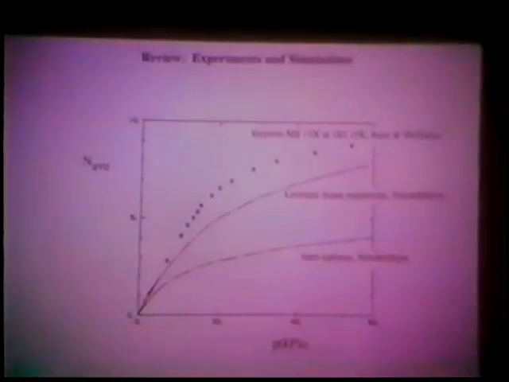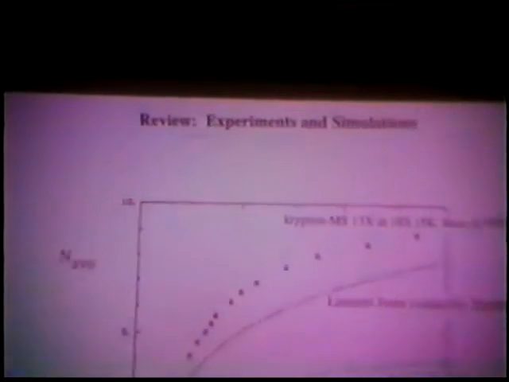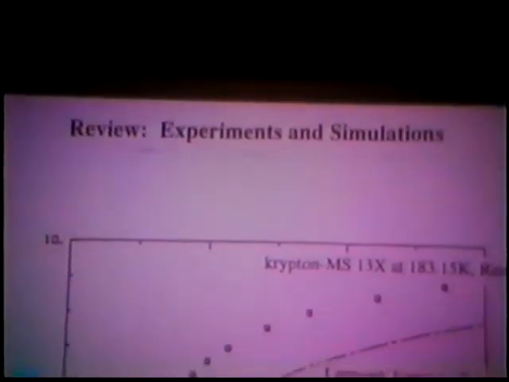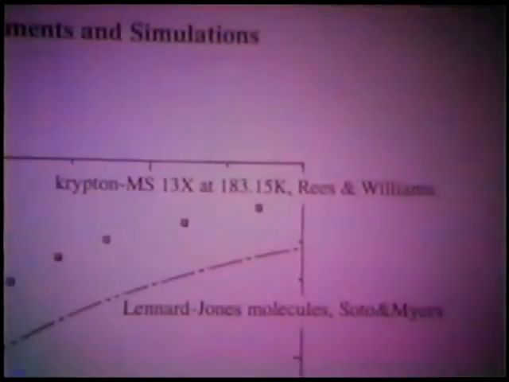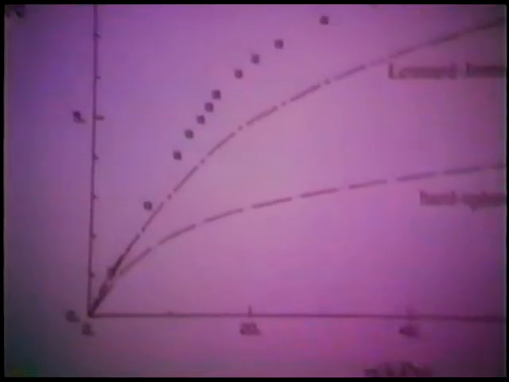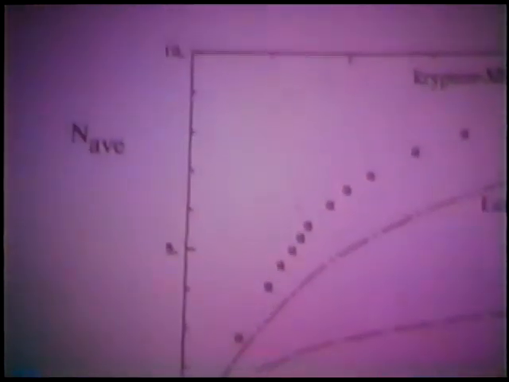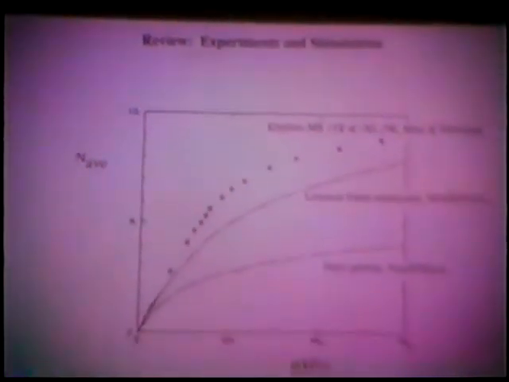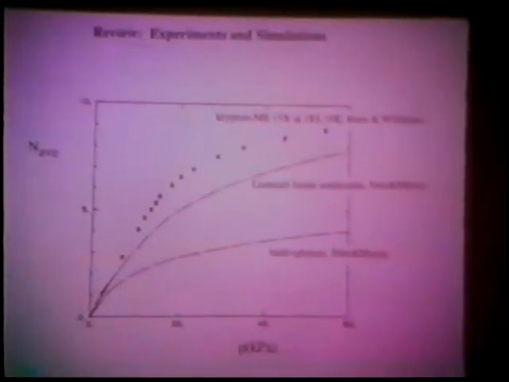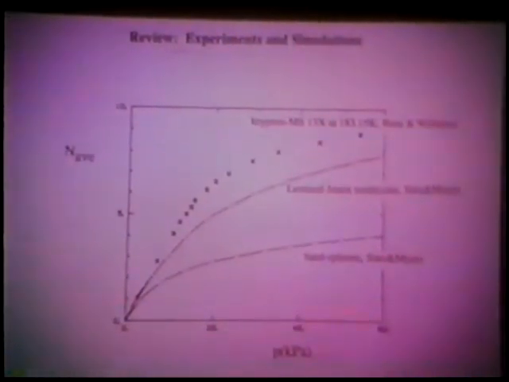Now, before I get into my own work, let me review for a moment. The example for the review is the krypton molecular sieve 13X cavity. The data is available in the literature due to Rees and Williams, and I'd like to take a moment to discuss some theoretical work by Soto and Myers that will be relevant later in the talk.